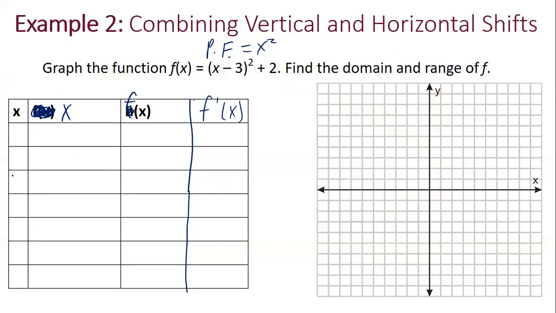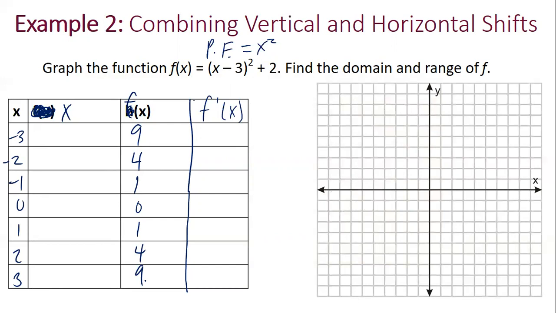So for x squared, our smallest values were -3, -2, -1, 0, 1, 2, and 3. Do you remember that? Okay, and therefore the y values for that were 9, 4, 1, 0, 1, 4, 9.